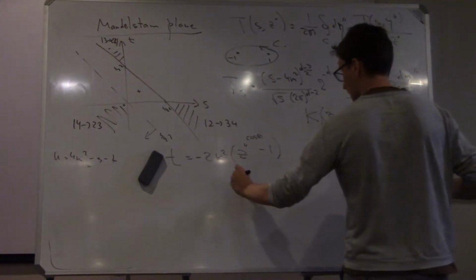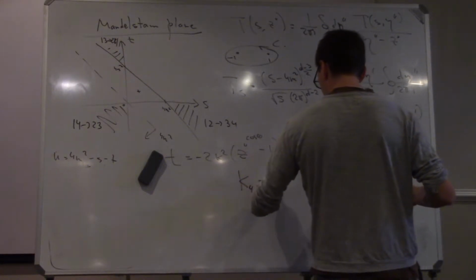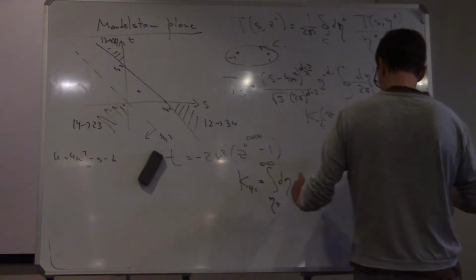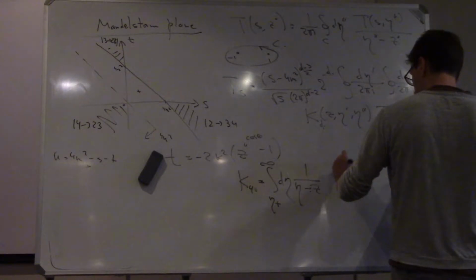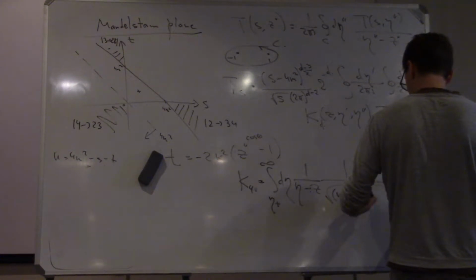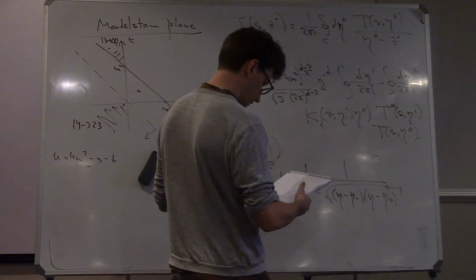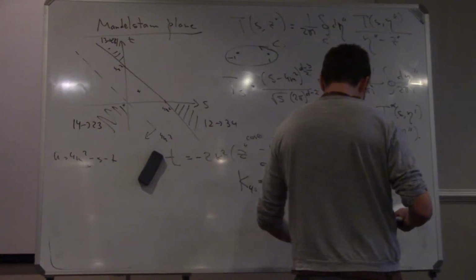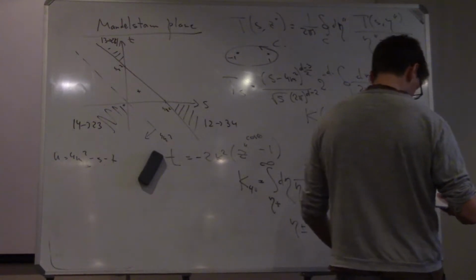So in 4 dimensions, the kernel takes a form: integral from eta plus to infinity of g(eta) over f(eta) minus z, with f(eta) plus and minus given by this formula, with prime and double prime plus and minus.